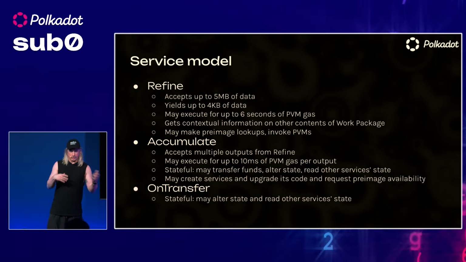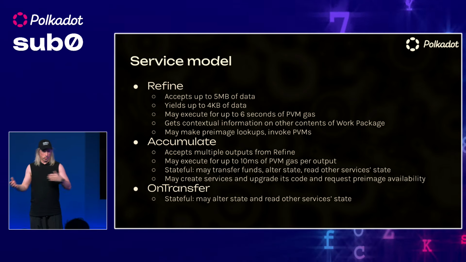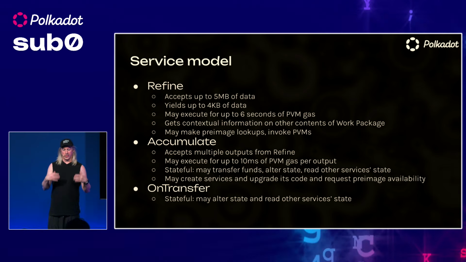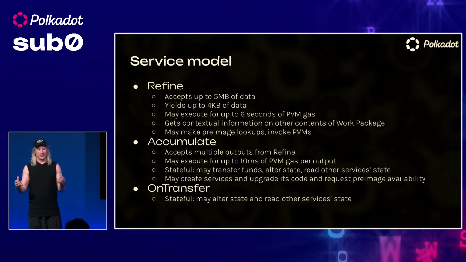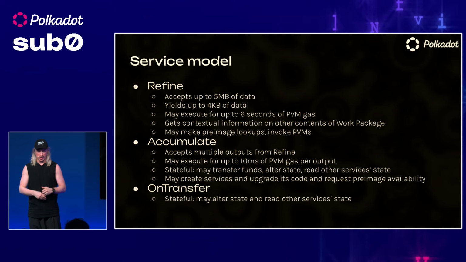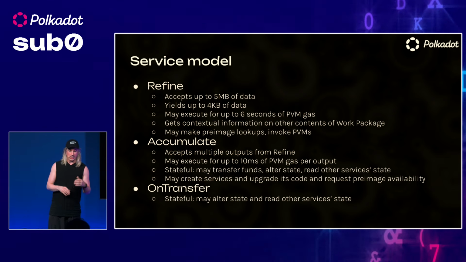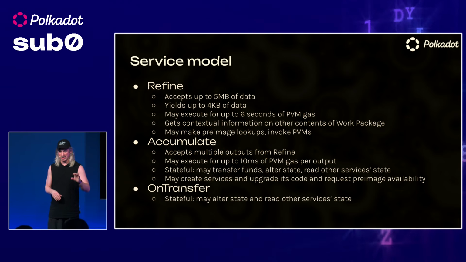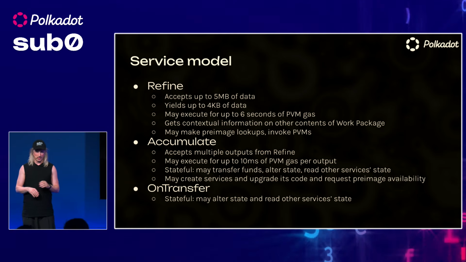The refine function also gets some contextual information on the world around it that the work it's doing is being produced in. In particular, it gets information on what other things are being refined at the same time. Why is this important?